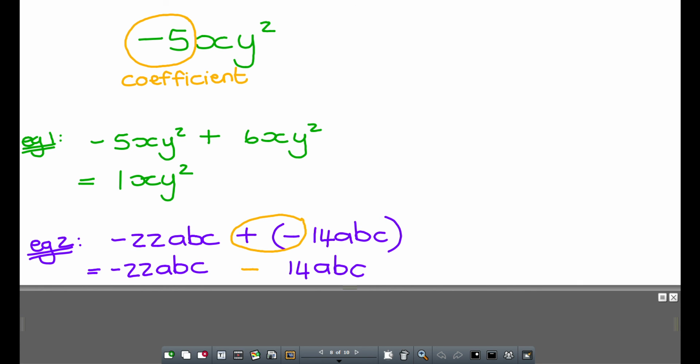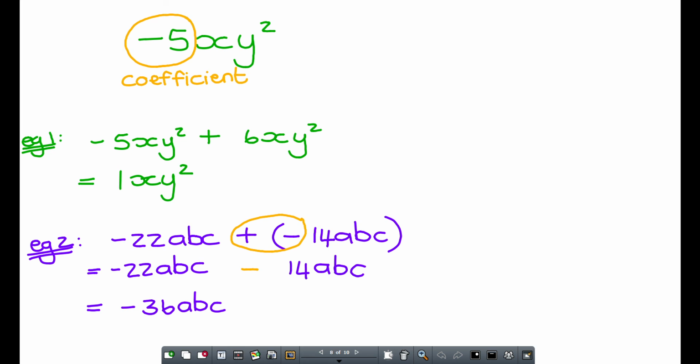And that will become minus 14ABC. And now it's normal adding and subtracting. So minus 22 of that, minus 14 of those, will give me minus 36. And have a look, the unknown stays ABC. The variable did not change. Okay?